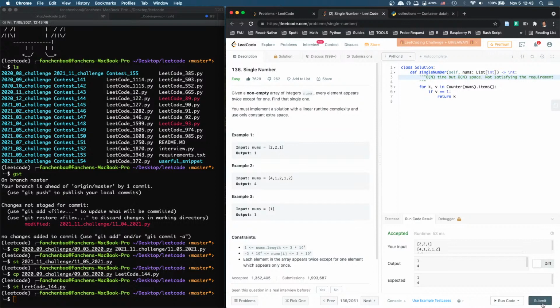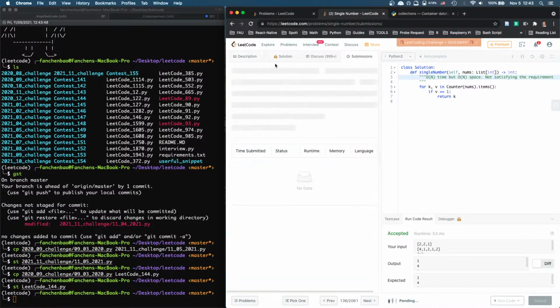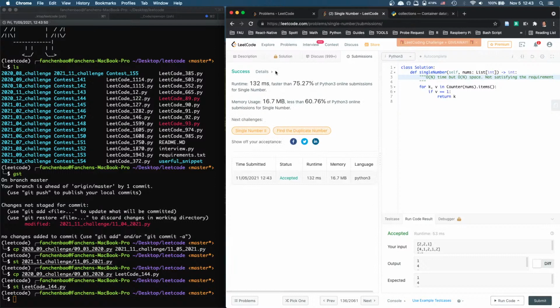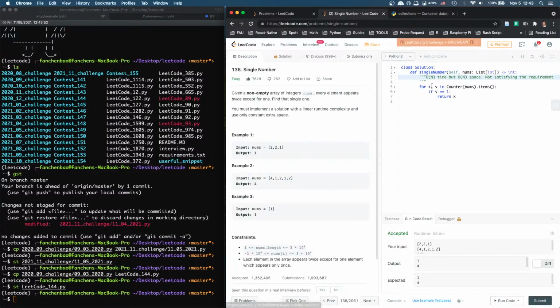So unfortunately, this one will pass, but it does not satisfy. Or, right, we can do O(1) space, but O(n log n) time.